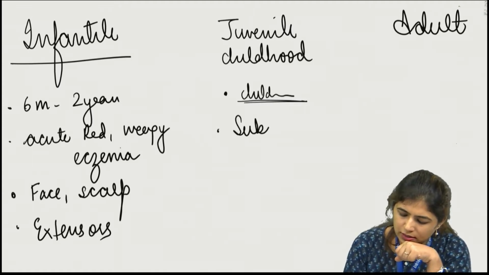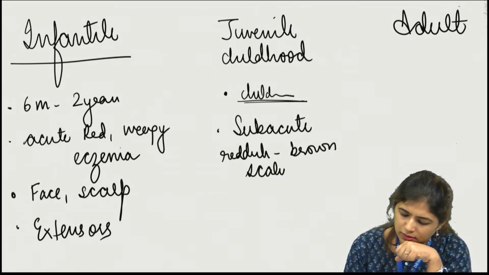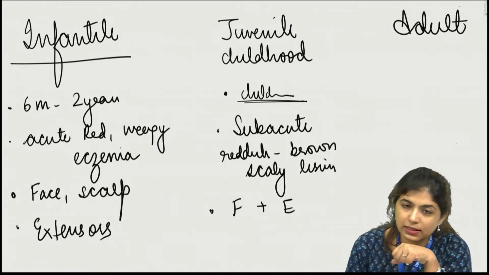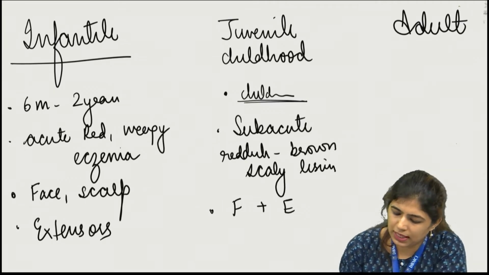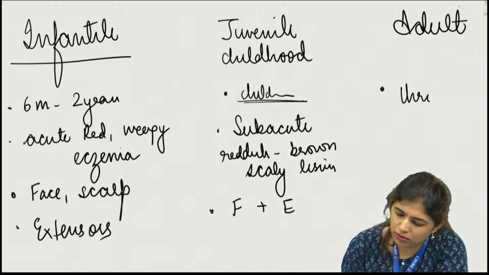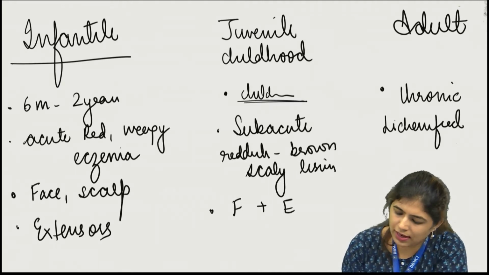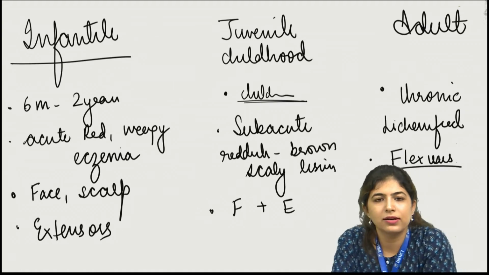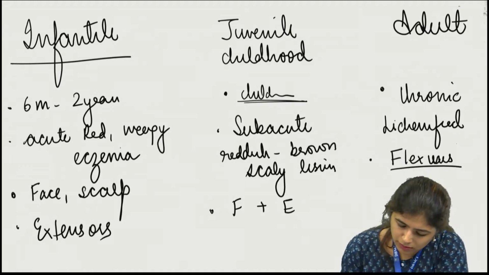Here you see subacute reddish brown scaly lesions present on both flexures and extensors. In the adult form, the lesions are more chronic and lichenified, seen on the flexures. Clear to everyone? What are the points to remember here?